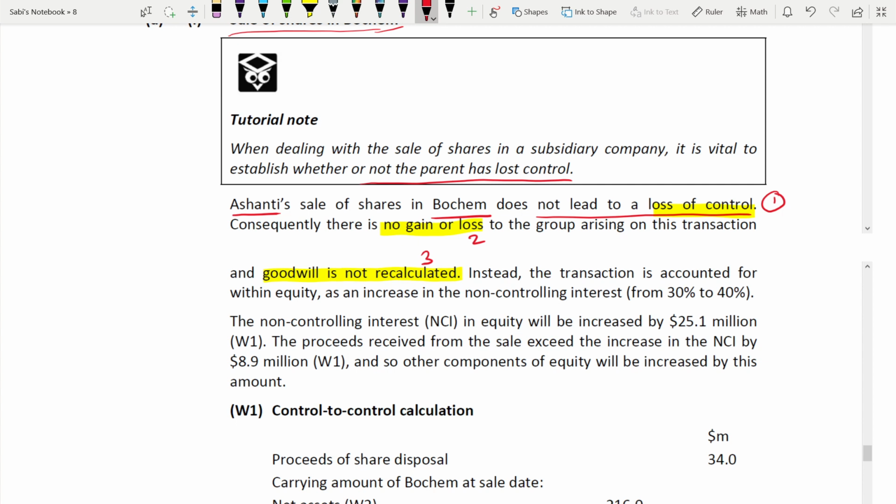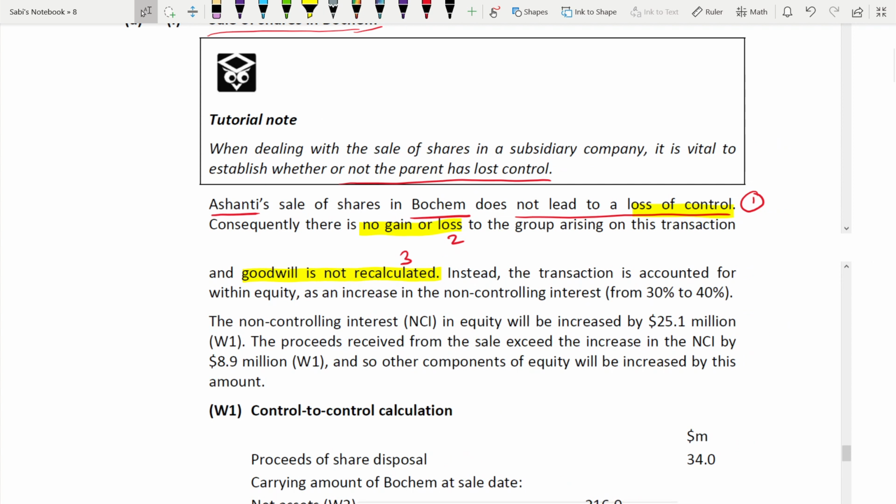Fourth point. So I think now you can break down the paragraph into points, right? But don't write in bullet points and don't write in one or two words. It needs to be a proper sentence. So this transaction is within equity, as it will increase the NCI.